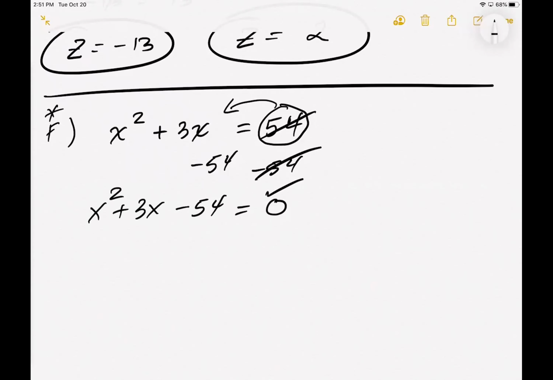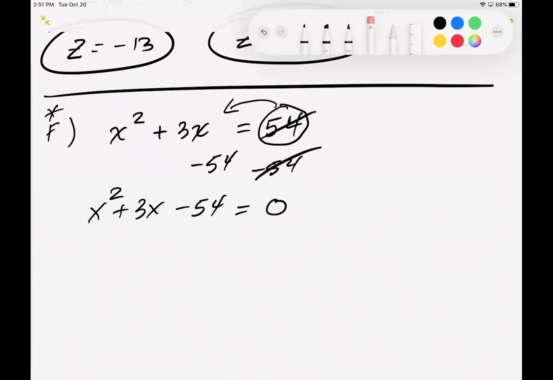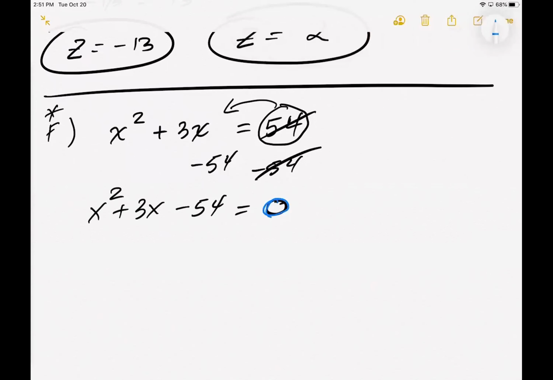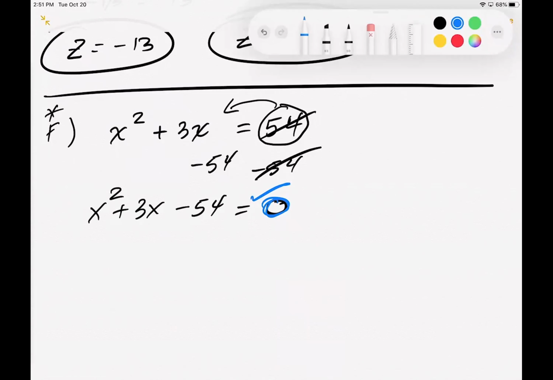And like I mentioned, you ask yourself, is this problem equal to 0? And in this case, once it's equal to 0, we proceed like before. We just do like before, which in this case is finding two numbers that multiply to give me 54 but subtract to give 3.